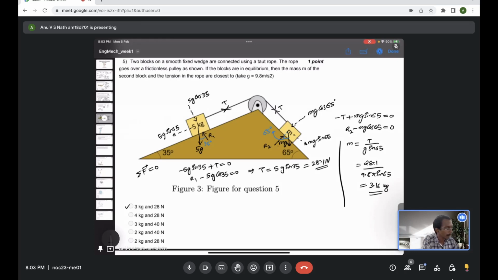So the closest answer given in the option is 3 kilogram and 20 Newton, as earlier evaluated by you. So it was correct. I hope this is clear. Does anyone have any question? Okay, so we'll move to the next problem then.